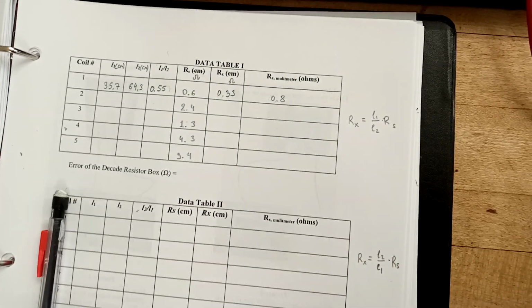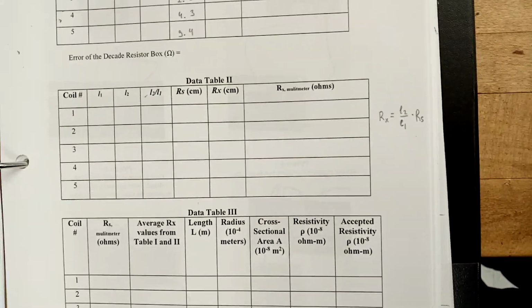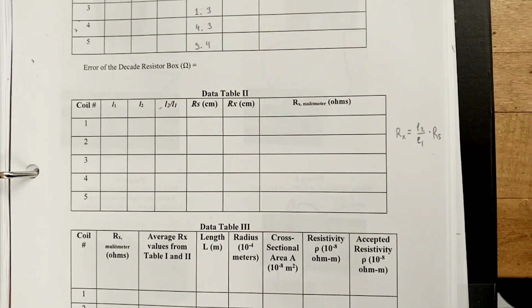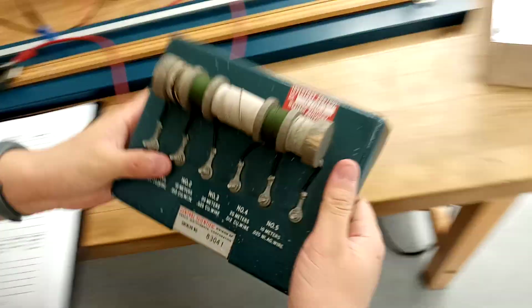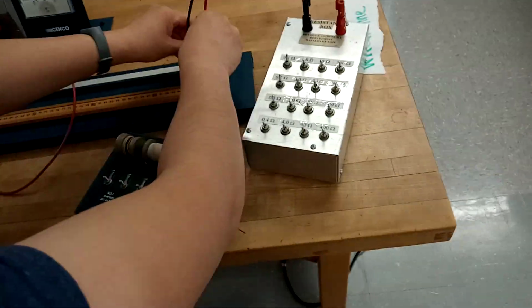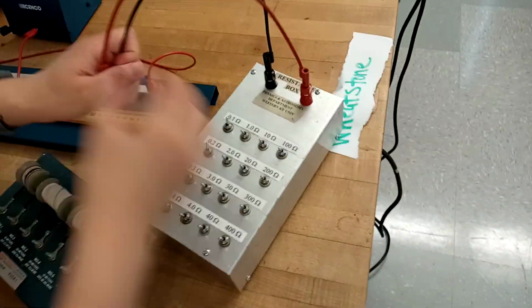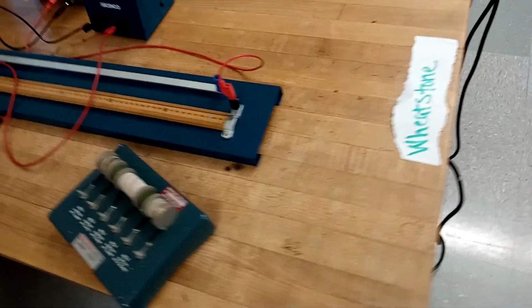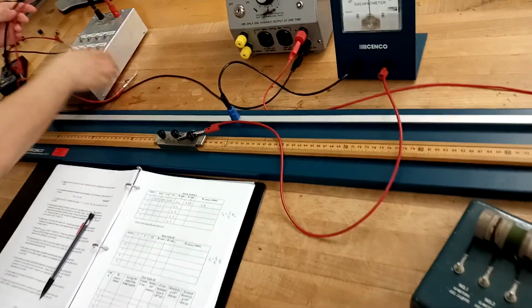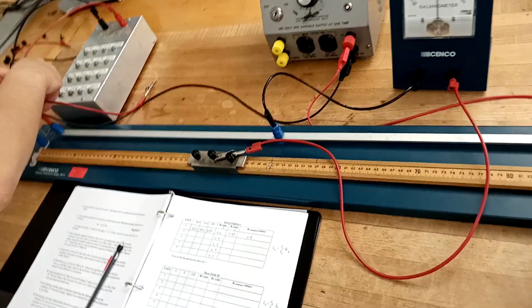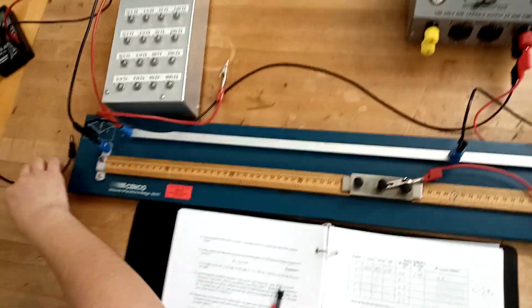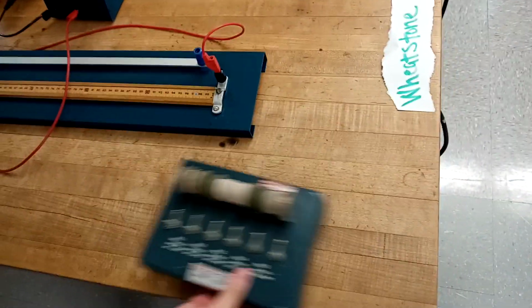Okay, so for data table 2, we are going to just switch the places of our unknown values, I mean these coils, and the resistance box.